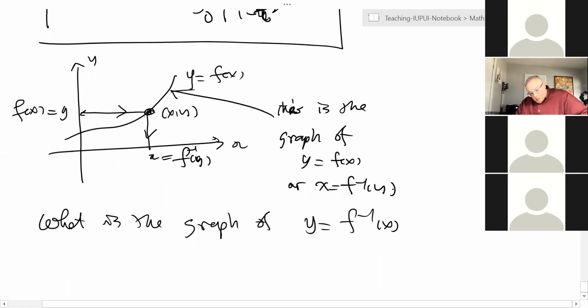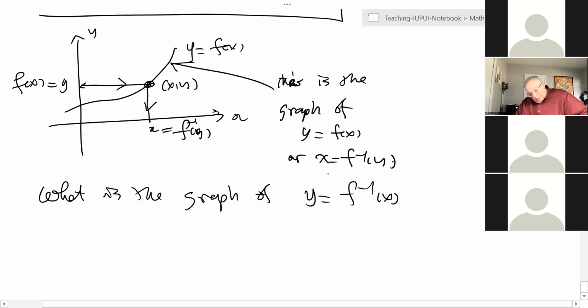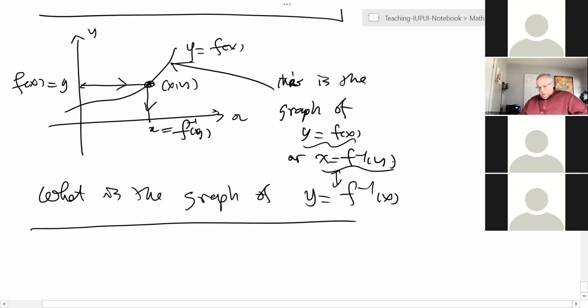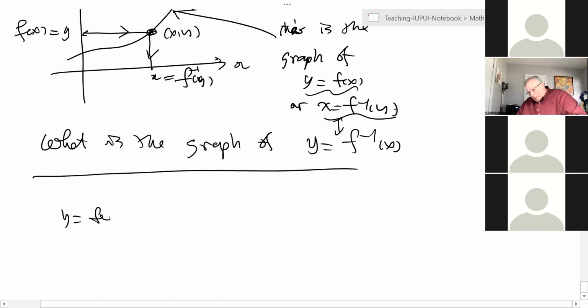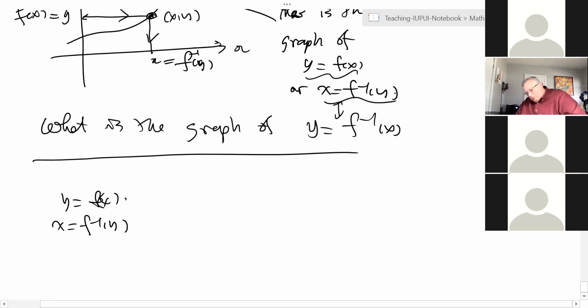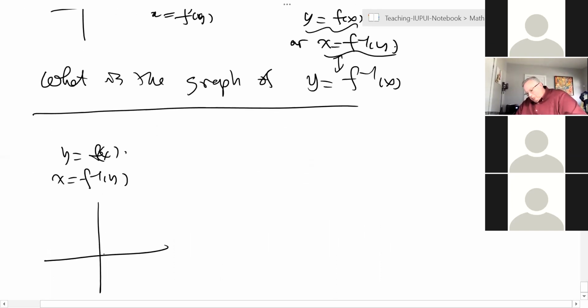Well, these two have the same graph, and these two equations just interchange the variables. Okay, so y equals f of x, and x equals the inverse function, determine the same graph, right? Same graph.